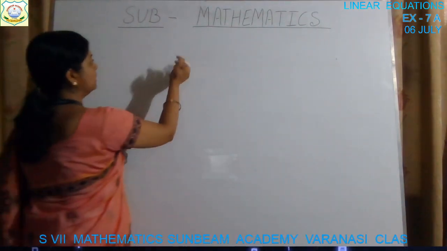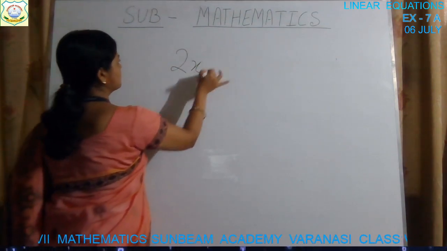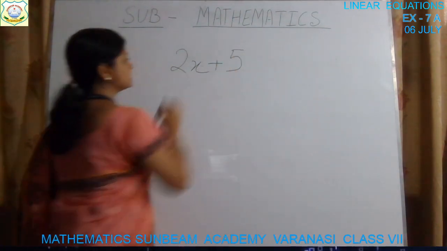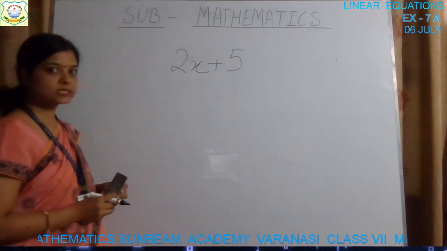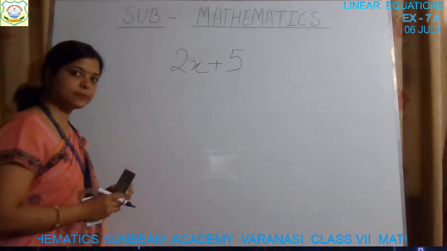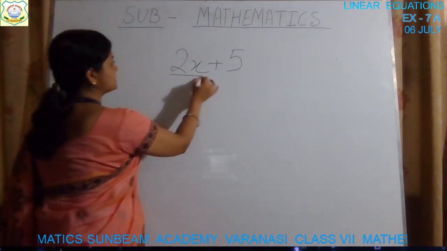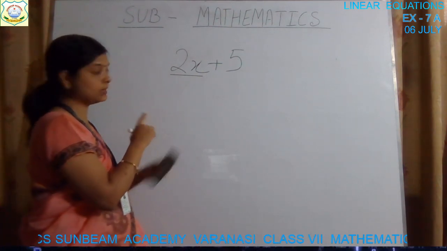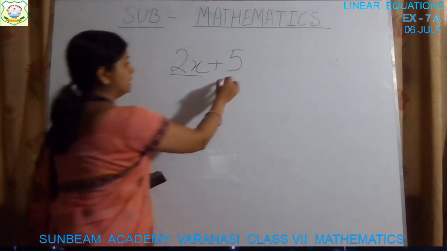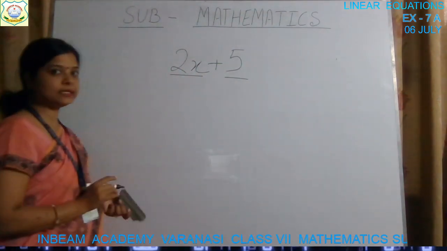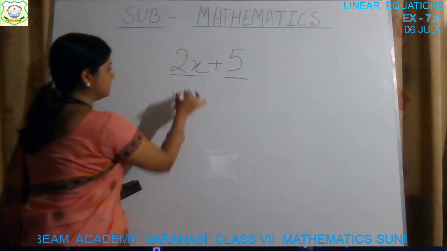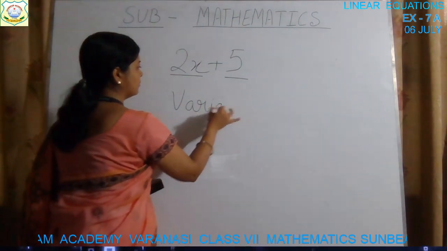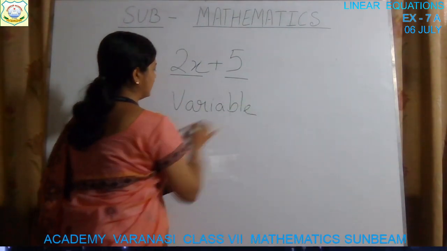For example, if you write 2x plus 5, this is an expression, children. In 2x plus 5, 2x is a term, a variable term. Its value may change, children, it depends on x. 5 is also a term, a constant term. Now what is a variable and what is a constant? Variable and constant.